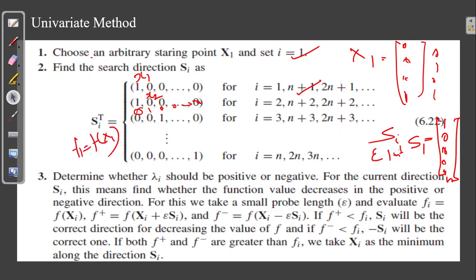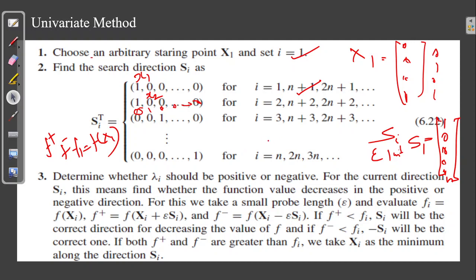The initial x1 is already given by the examiner, so you will evaluate f of x1, and then you have to evaluate f plus and f minus, where f plus is f of xi plus epsilon si, and f minus is f of xi minus epsilon si.